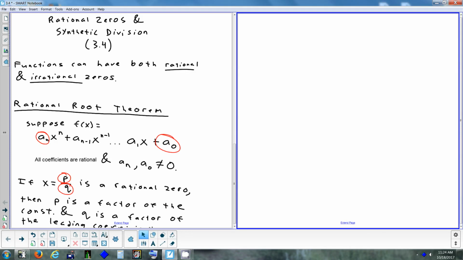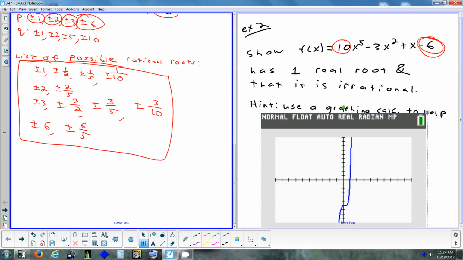So now let's make a list of what I call candidates, okay? Using that picture. So the list of candidates is now we're going to take that list we have and we're going to narrow it down. I would say plus 1. Well, you don't even have to write the plus. Just 1 is a candidate. Would you say -1 is a good candidate?